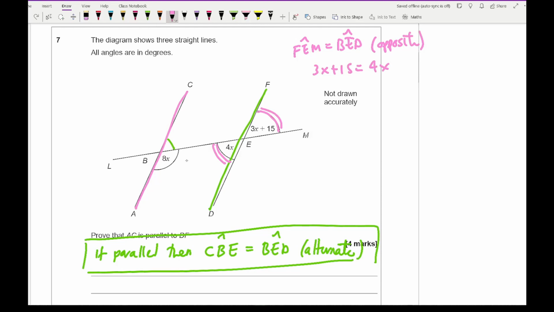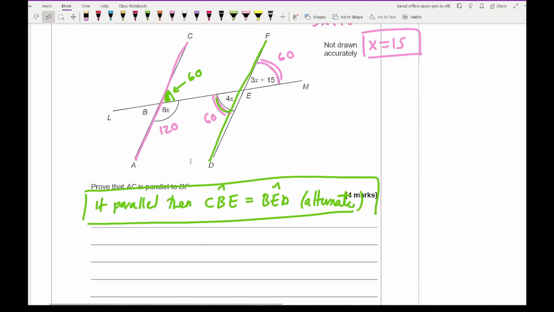So then solving this, I get x equals 15. So this is going to be 60. This is going to be 120. And this is going to be 45 plus 15, which is 60. So then I can work out what this angle here is going to be. So this angle here is going to be 60 degrees. So as you can see, this angle is equal to this angle, so therefore it's going to be parallel.